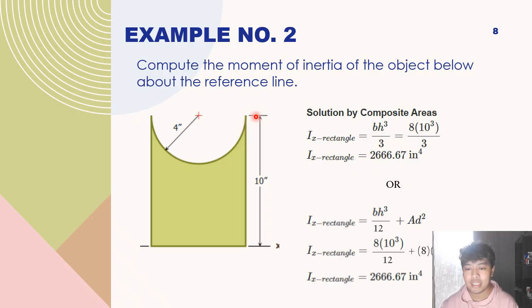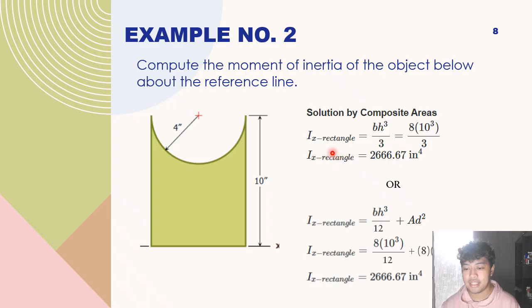Our height, from the top of the rectangle down to the bottom, is 10 inches. So we have 8 times 10 cubed, divided by 3. So the Ix, or the moment of inertia with reference to the x-axis, is going to be 2,666.67 inches to the power of 4.